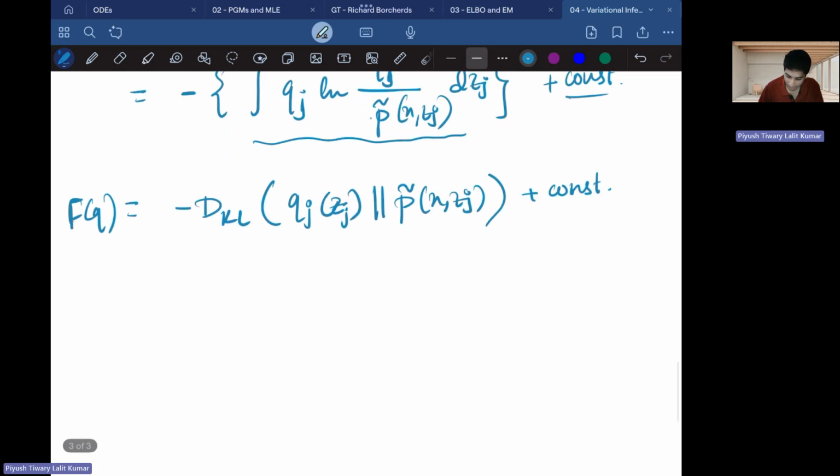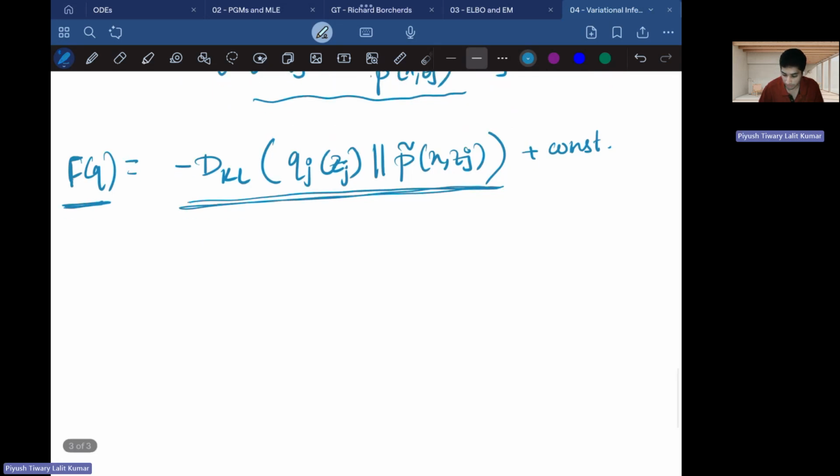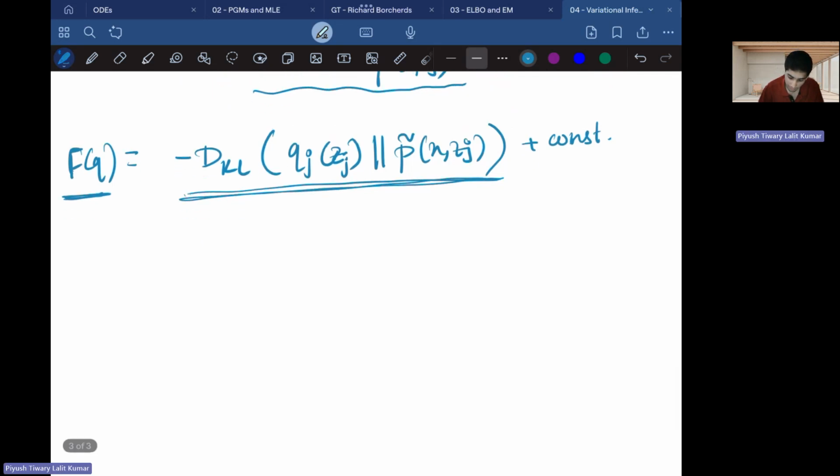So now it's a very good thing for us, because we want to maximize this ELBO, right? We can maximize this when the KL divergence is minimized. What is the minimum value of D_KL? Let me write it down.